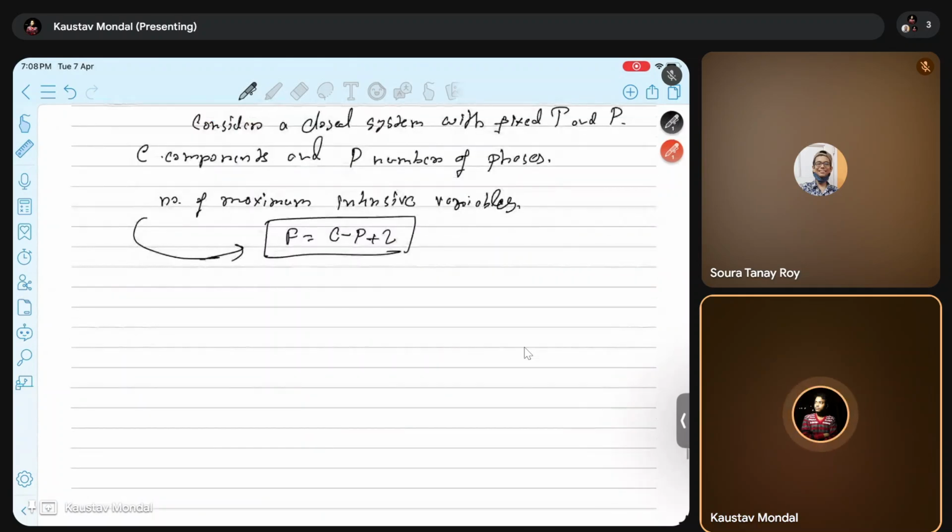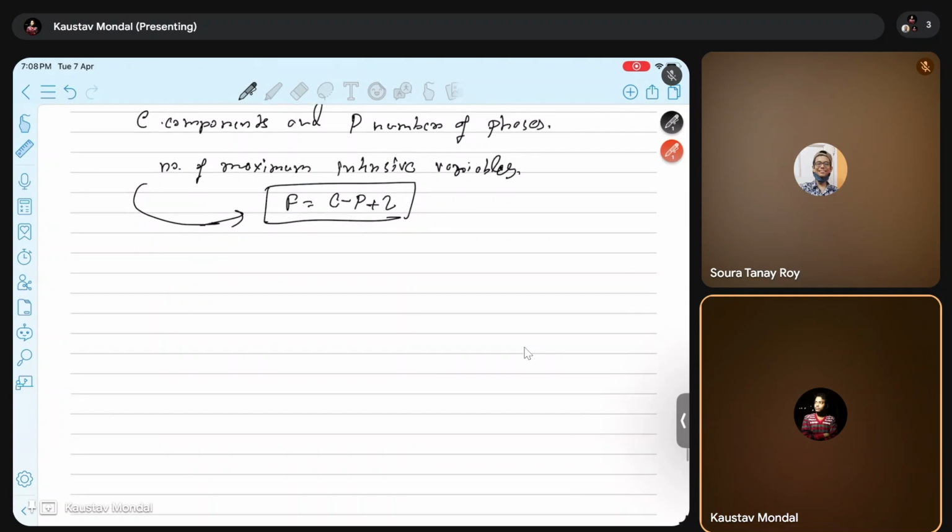For a single component system, C equal to 1.